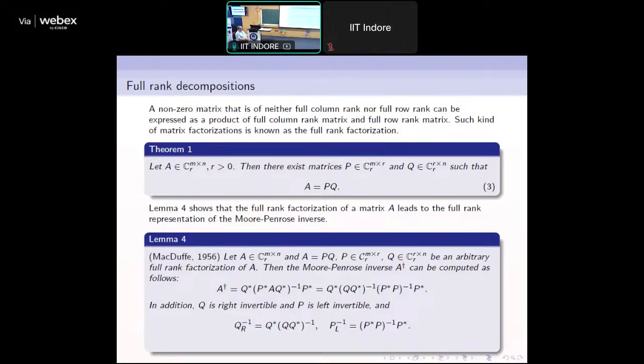The first term is given here, and it represents the right inverse of Q. The second term is represented here, and this term represents the left inverse of P.